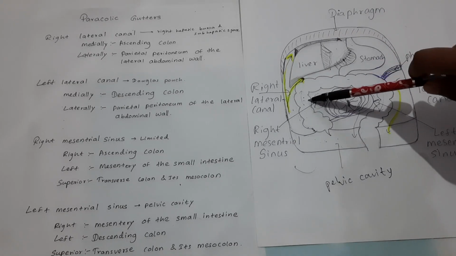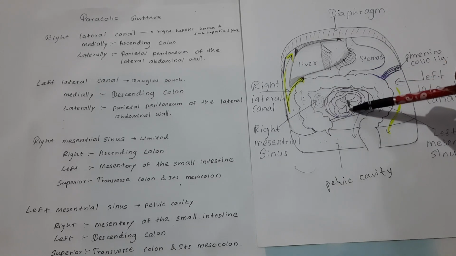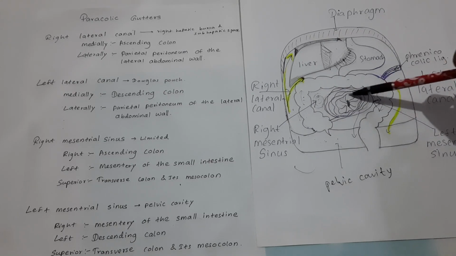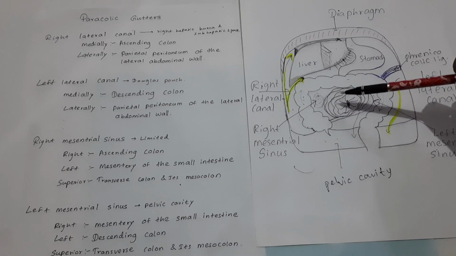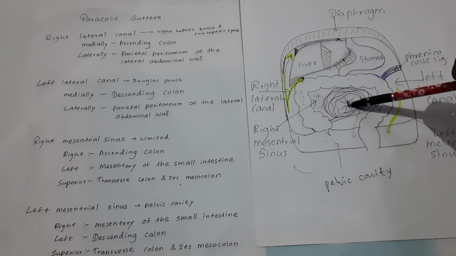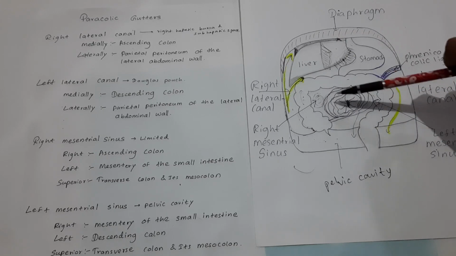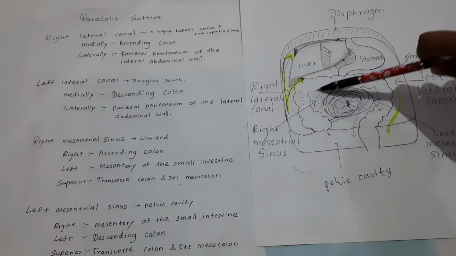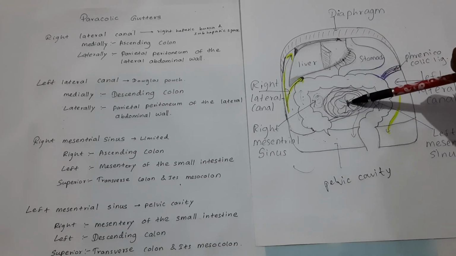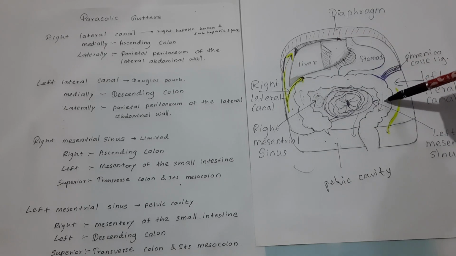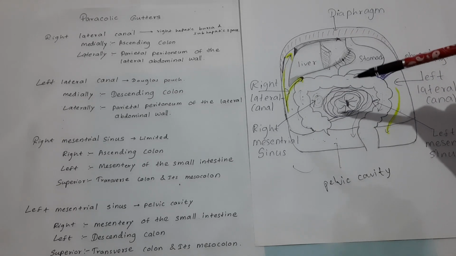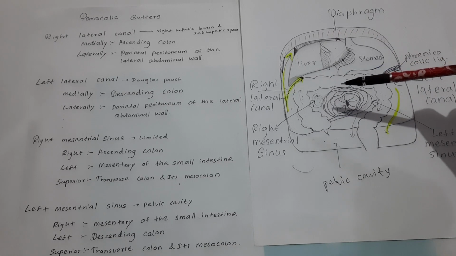This is the mesentery of the small intestine, and this is the root of the small intestine mesentery. In between this and the ascending colon, this is the right mesenterial sinus. Between this and the descending colon, it's the left mesenterial sinus.